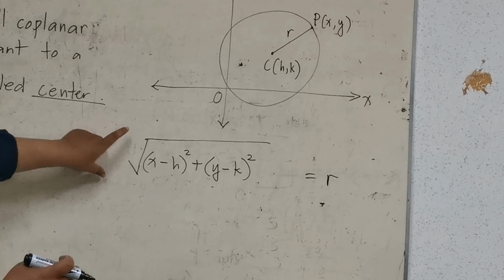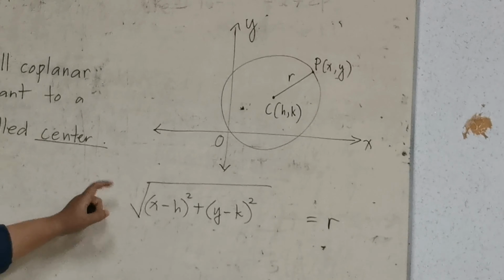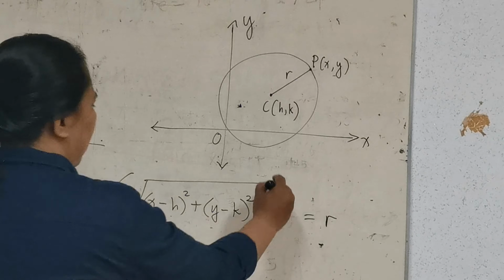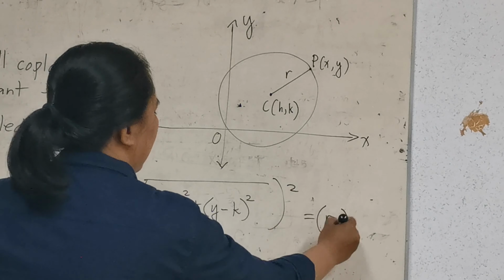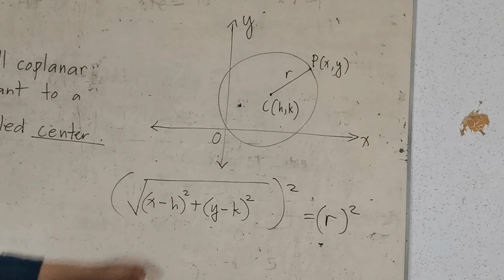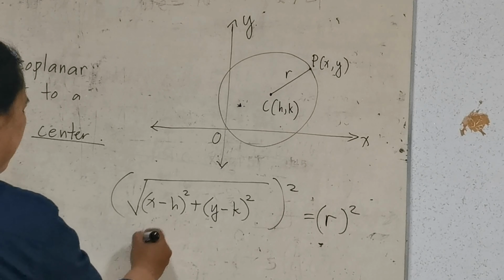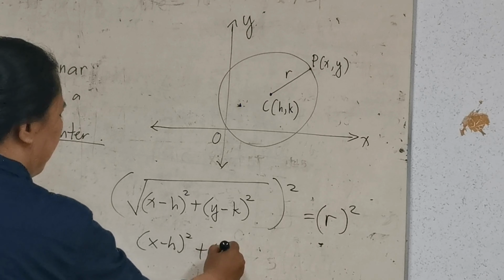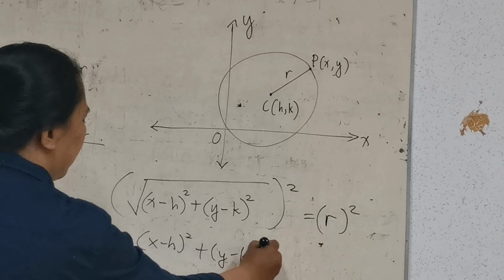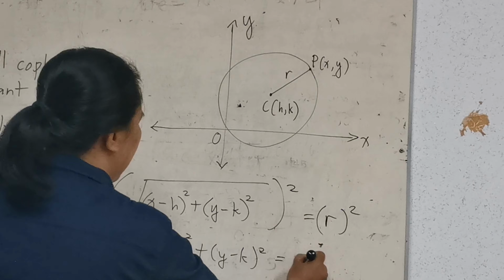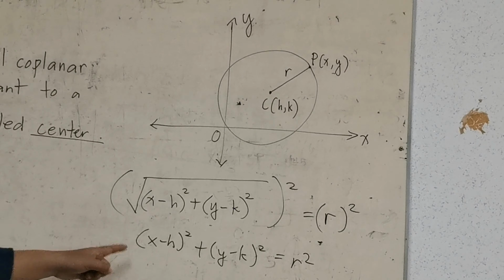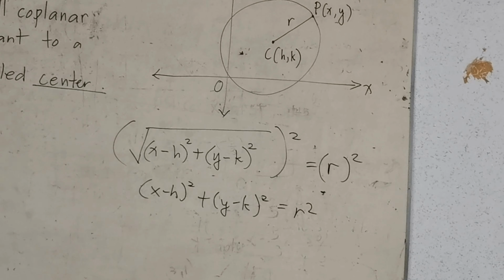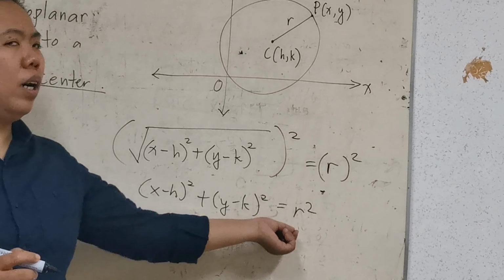So from this one, you just have to square both sides of the equation to eliminate the radical symbol. So we have quantity x minus h squared plus quantity y minus k squared is equal to r squared.